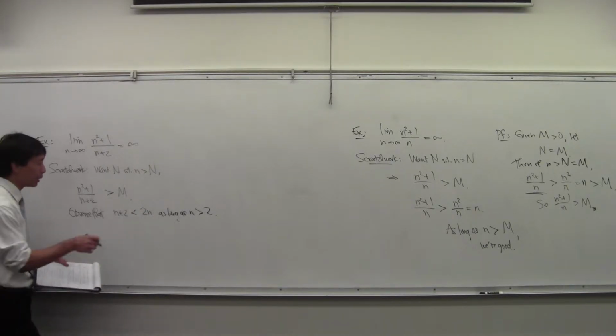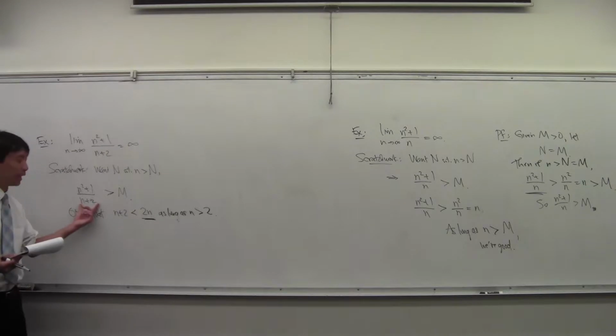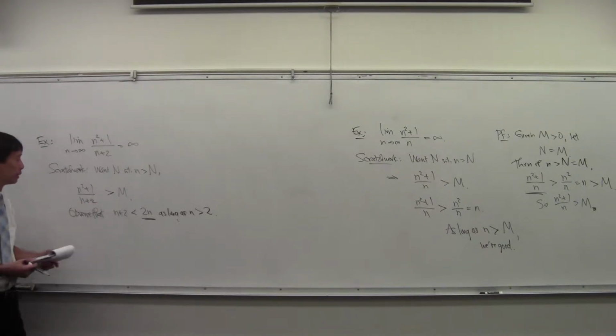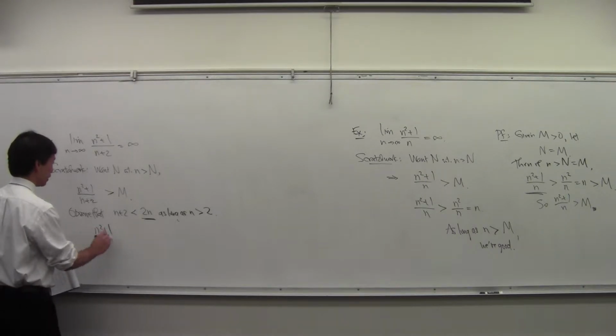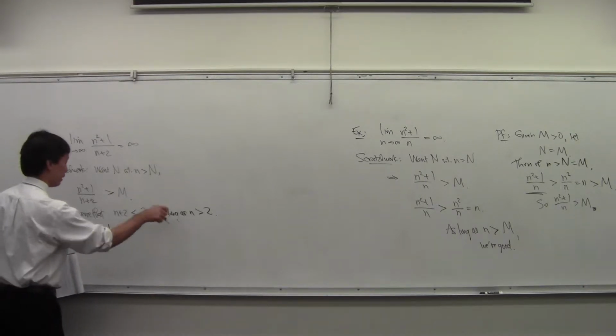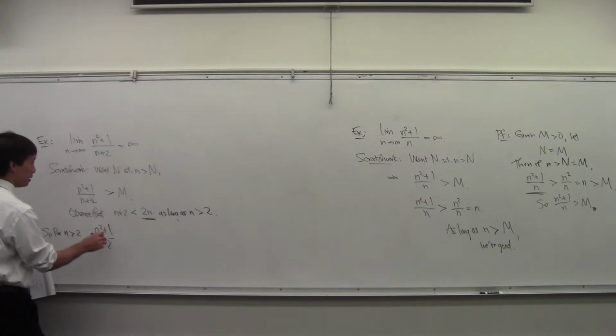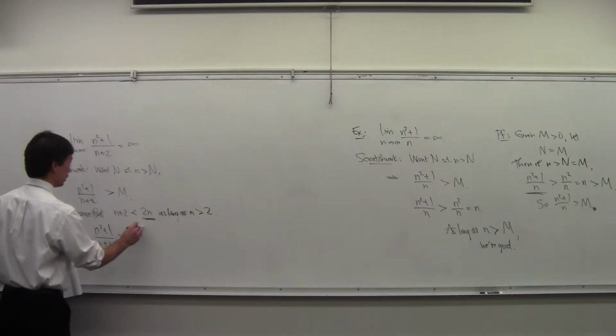You see what I'm going to do? I want to replace this thing with an n, I'd like to get rid of this 2. But you see, if I divide by something smaller, it's going to get bigger. So I want to divide by something bigger, a multiple of n, rather than get rid of this 2. I'm going to change this thing to 2n. So for n bigger than 2, I have that this thing is bigger than (n squared plus 1) over 2n.